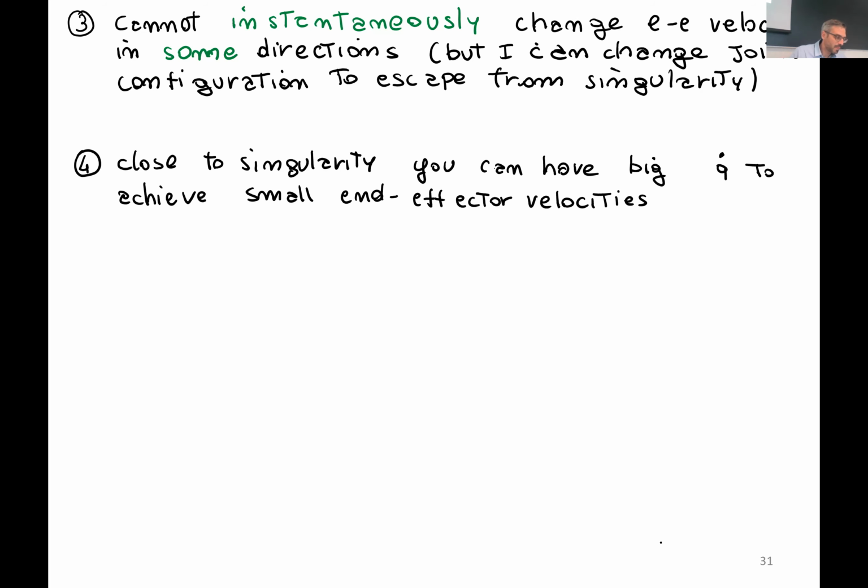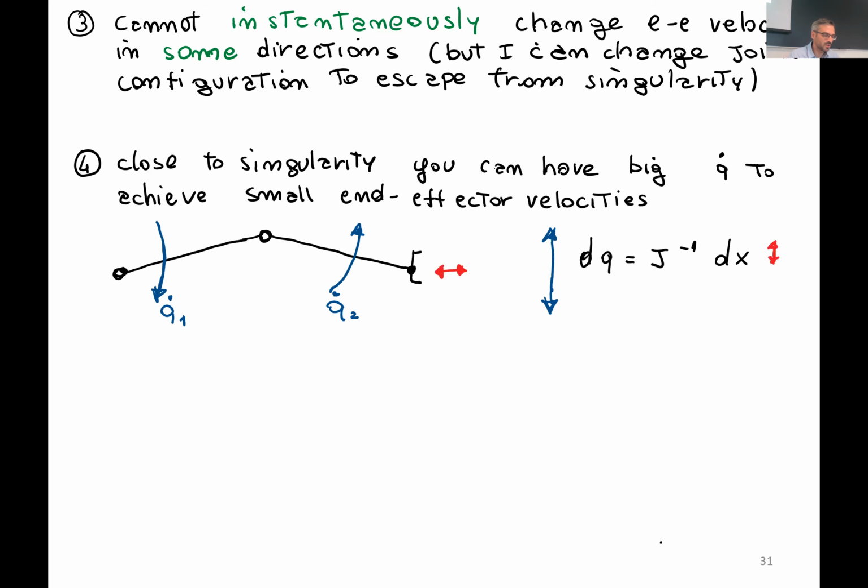Finally, the singularity is not a problem only at the singularity point, a singular configuration, but also close to that, because you can have big joint velocity to achieve small end effector velocity close to singularity.